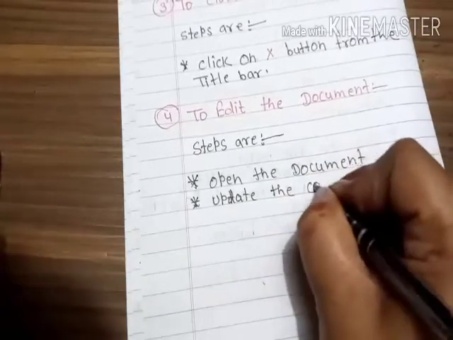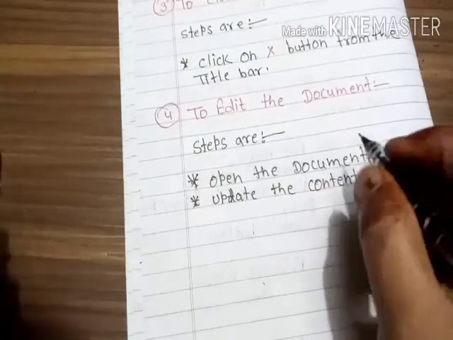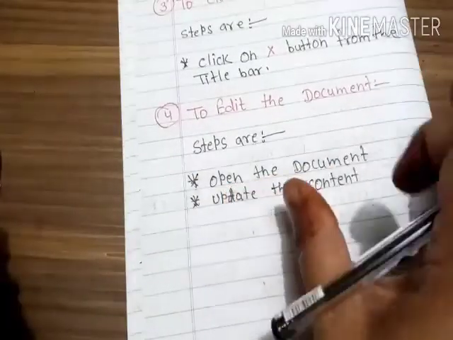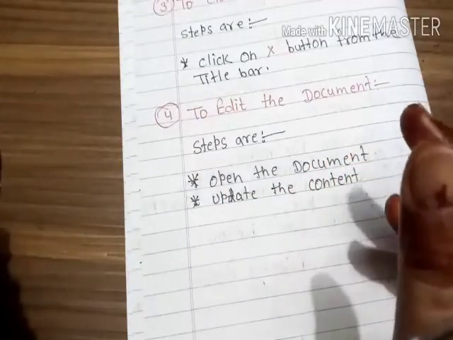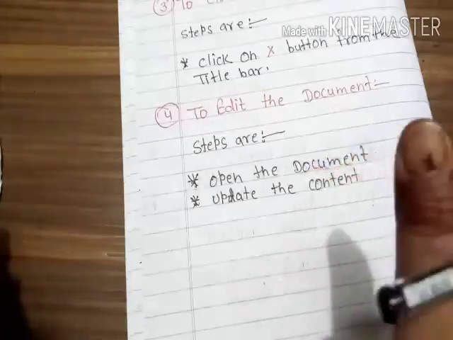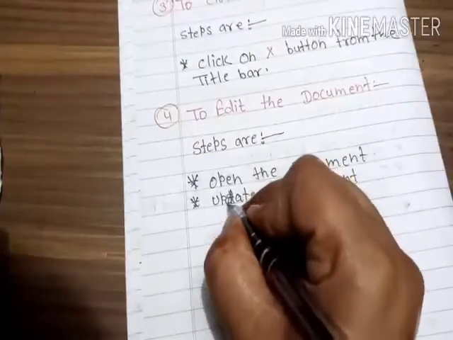the content. Update the content means when you have opened your document, you can see the typed thing on your screen. If you want to add something there, you can do it. If you want to erase or delete something from there, then you can also do it, and this is called update the content.